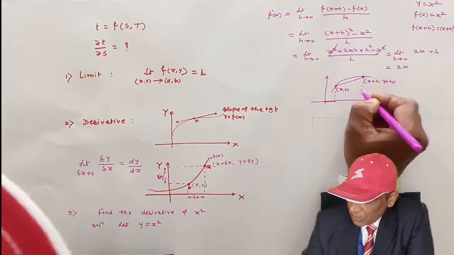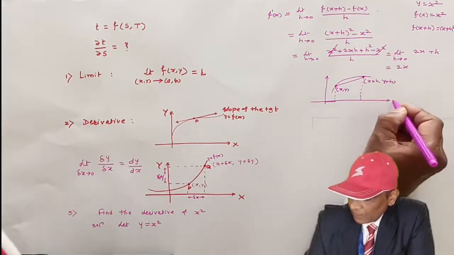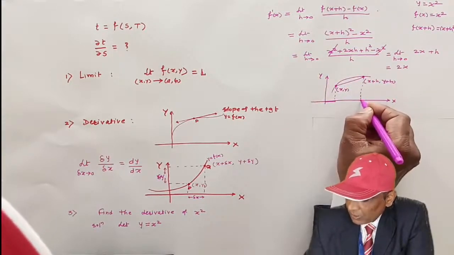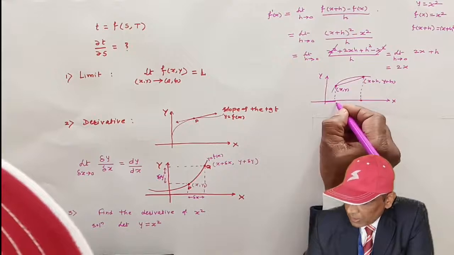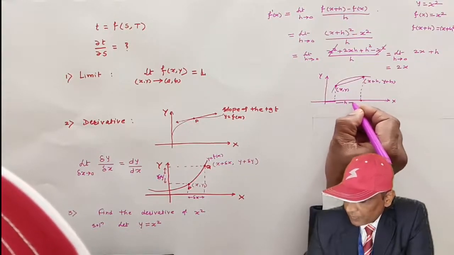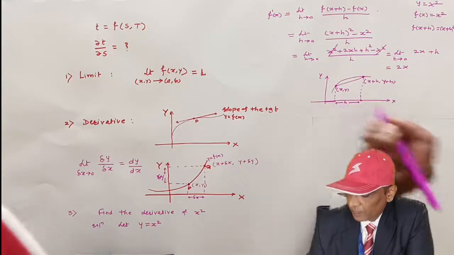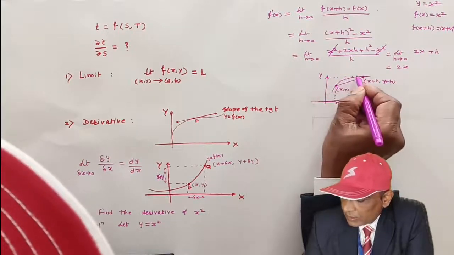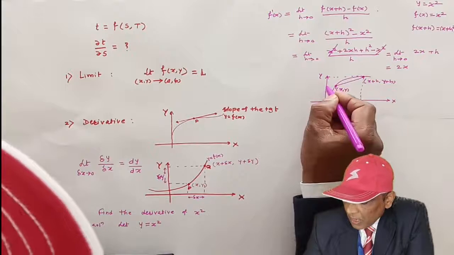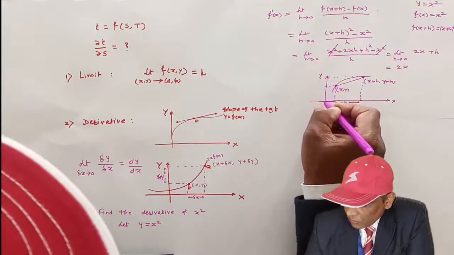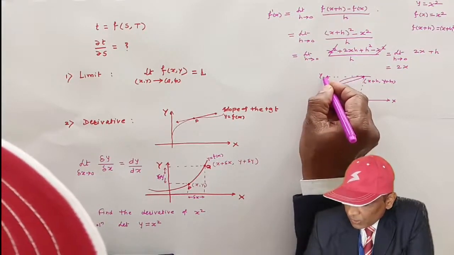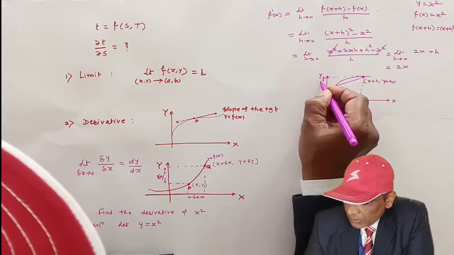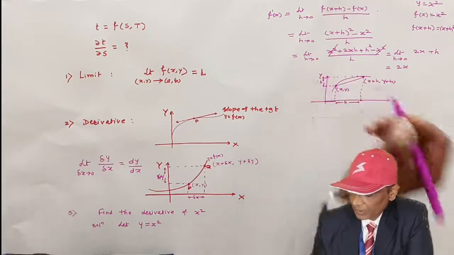This much distance from the origin is x plus h, means this is h1. This is h1. And this is y plus h, and this much is y. Therefore, this much distance is h again.